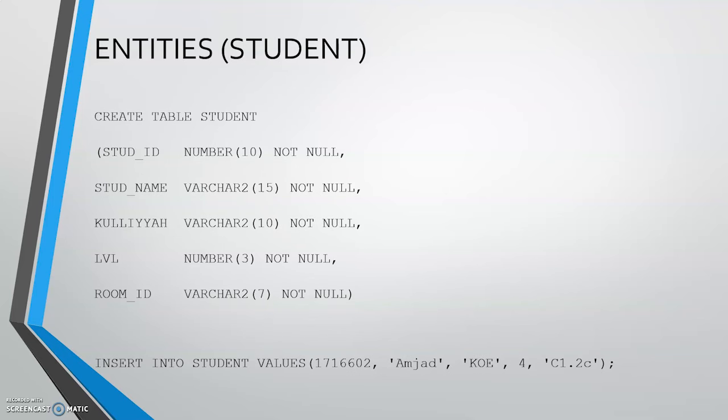For the attributes of the student entity, we have student ID, student name, kuliah, level, and room ID. The sample is 171602 for student ID, student name Amjad, kuliah KOE, level 4, and room ID C1.2C. One student has only one room ID.